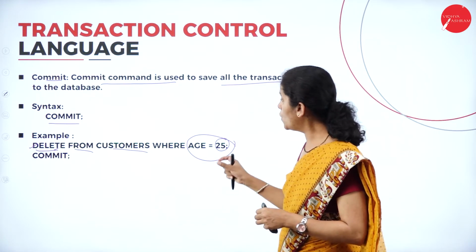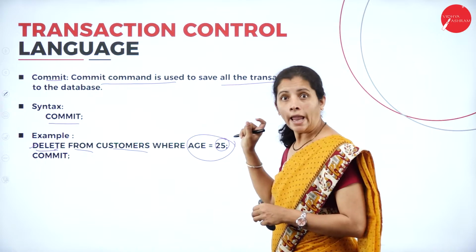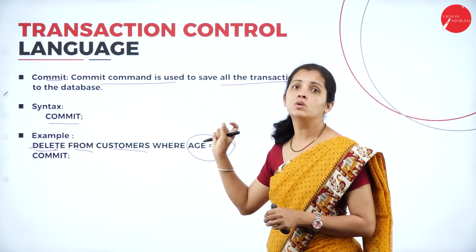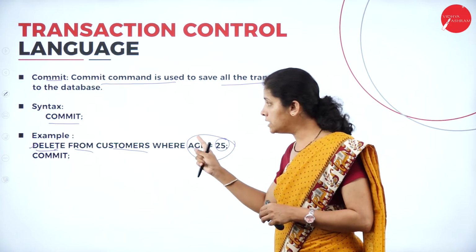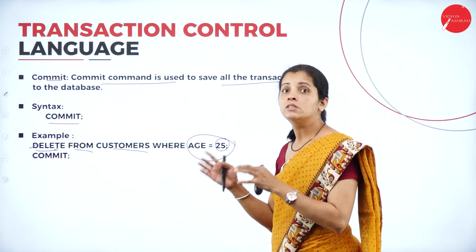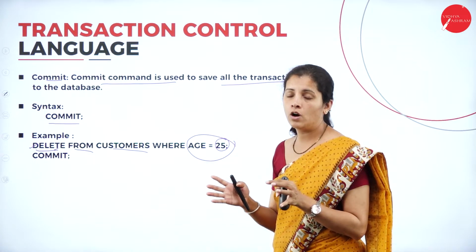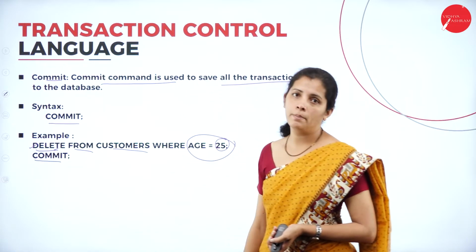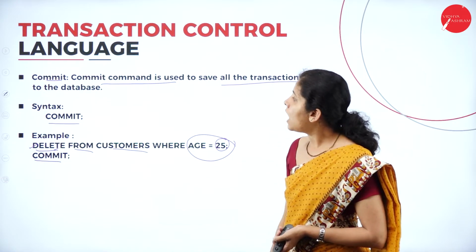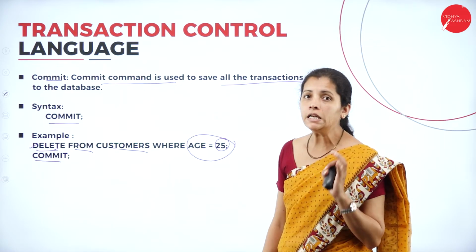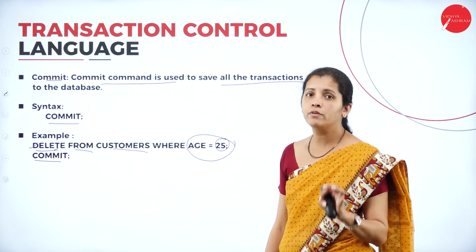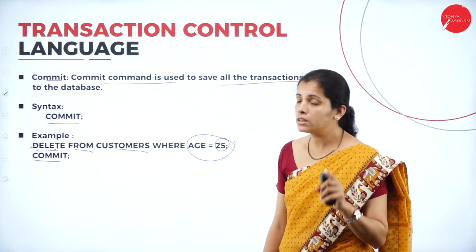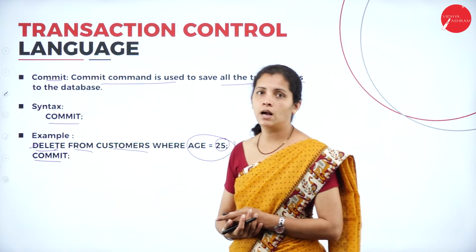The row which contains the age information 25, I just want to delete that row. After deleting, I want to save the table or the database. For that, I'm going to use commit. That means after performing any transaction, if I want to save the changes in the database, I'm going to use the commit command.